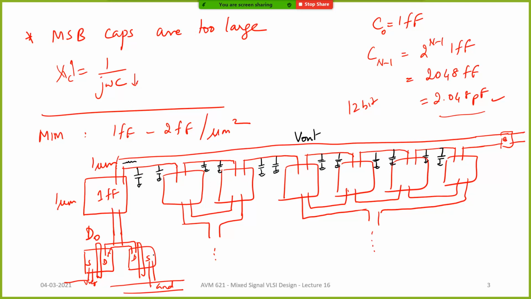So what will happen is your DNL and INL will be very bad. For your LSB transitions, you would have expected what? Because this is all about charge sharing, right? In the absence of all the parasitic capacitance, V out is given by C1 divided by C1 plus C2 into Vref.